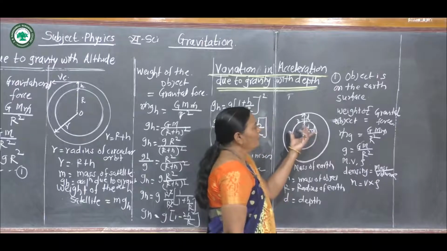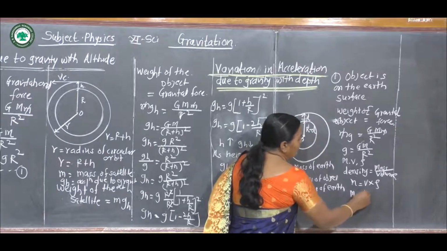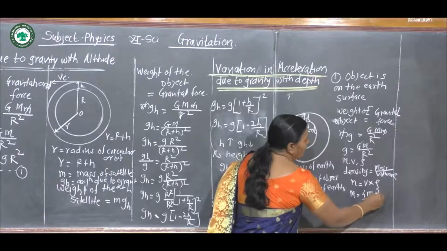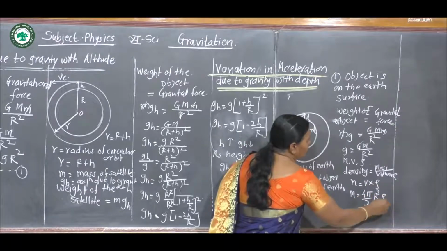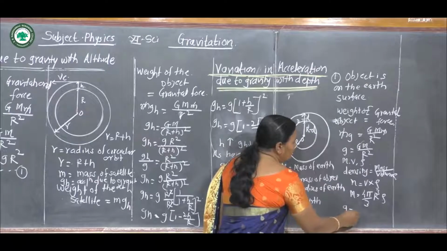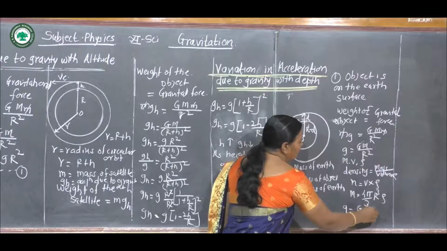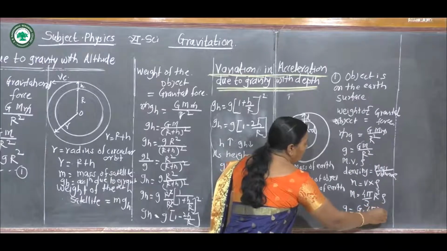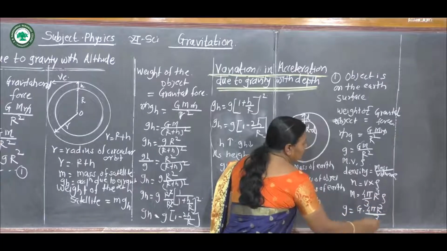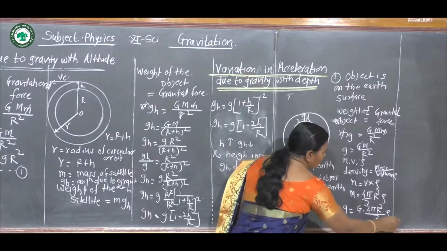Volume of the Earth, or volume of the sphere, is given by 4 pi by 3 R cube, so M is 4 pi by 3 R cube multiplied by rho. Substitute the value of M in this equation, we get g is equal to G into 4 pi R cube divided by 3 into rho divided by R square.